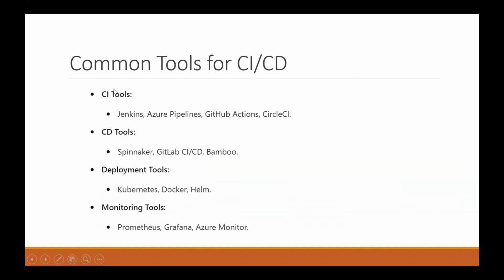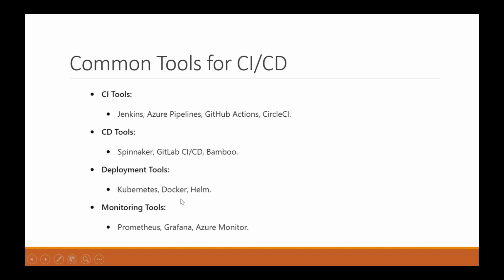These are some of the common tools for CI/CD. You can see for CI tools, we generally use Jenkins. This is the very popular one, the Jenkins one, Azure Pipelines, GitHub Actions, Circle CI, and many tools are there. Okay, for CD, we also have some of the pipelines like GitLab CI/CD, Bamboo, Jenkins, Azure Pipelines, all these things we can use for CD or continuous deployment pipelines as well.